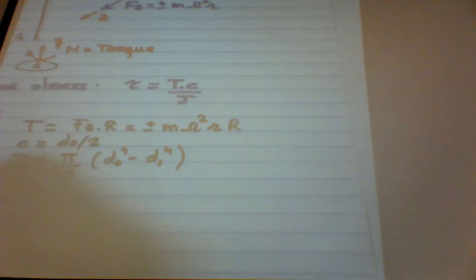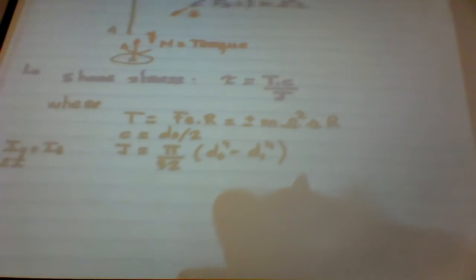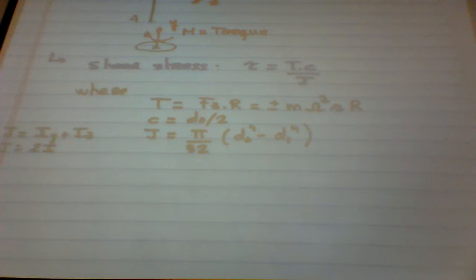What did I do here? It was the polar moment of inertia. So the J should be twice. It was a 64, we multiply by 2 on top, so we go over 32.